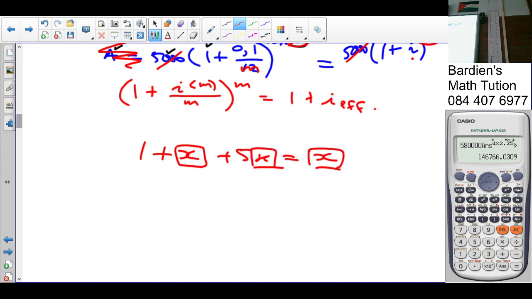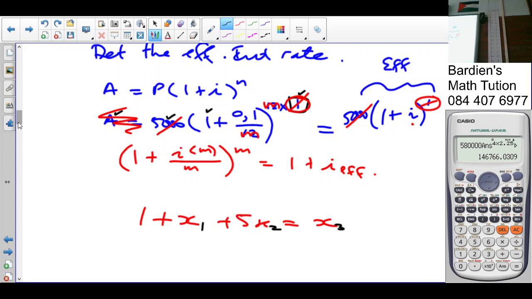Not so? You all agree with that? So if I say this is x1, that's x2 and that's x3, are those x's the same? No. Likewise, when we say this is I to the m, that m has no bearing on that I. It is just an I value.